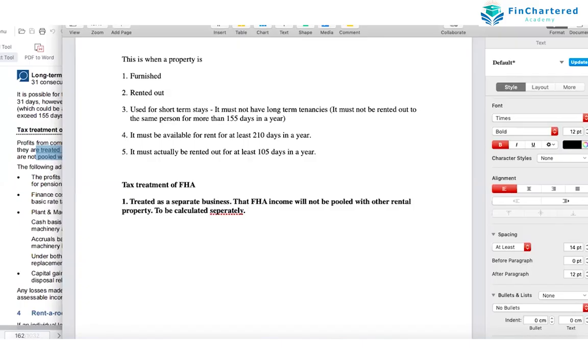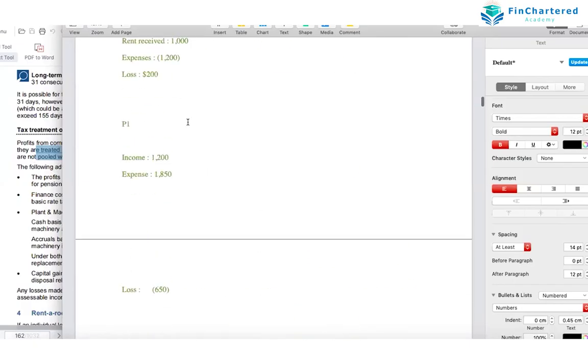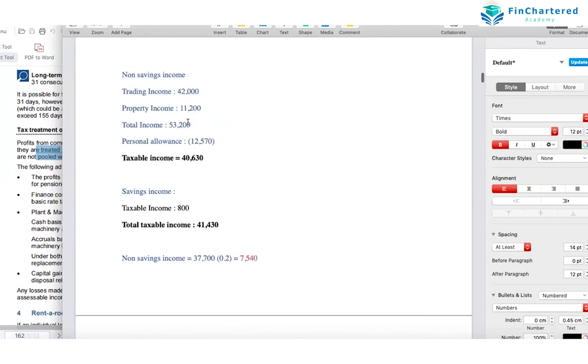Okay. Then what is the next thing that we look at? Finance costs. In the previous case, we said that up to a 20% relief we will give you. You remember?